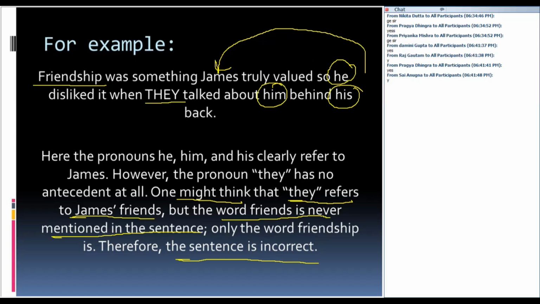Did you understand? Whenever there is a pronoun, there should be clarity about its antecedent. If there is confusion about its antecedent, then there is a pronoun reference error. This is what is meant by pronoun reference error. Very simple concept. This is the first error.